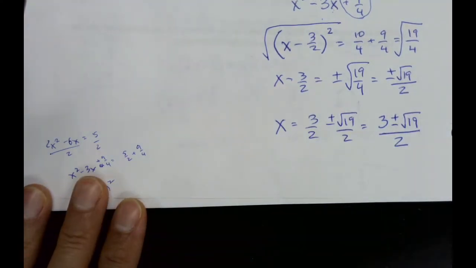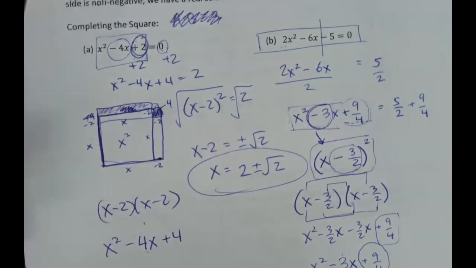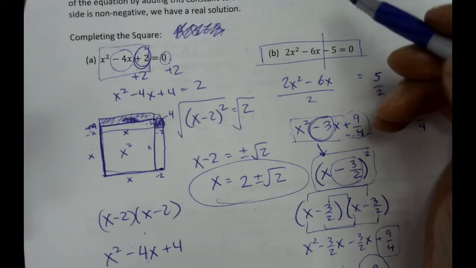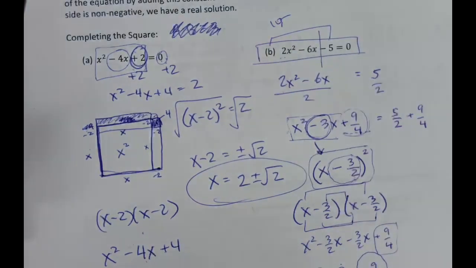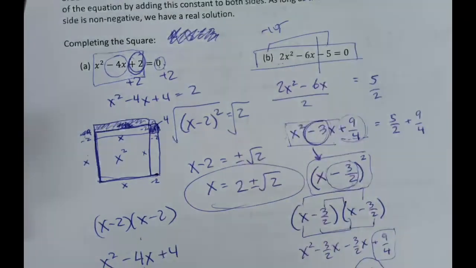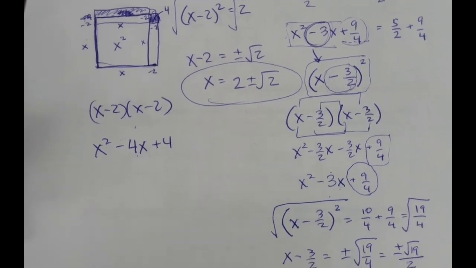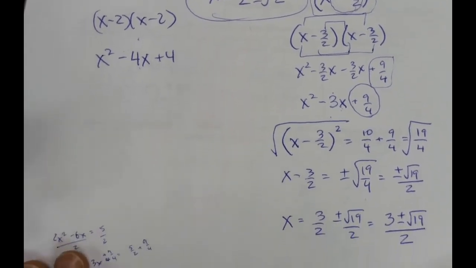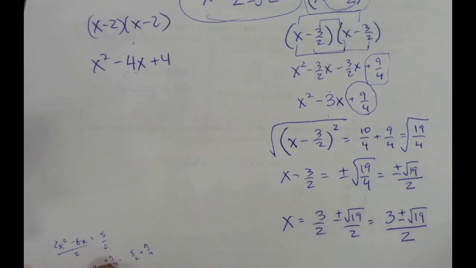And there is my solution for a quadratic that was unfactorable. No two factors of 10 give me negative 6. It doesn't immediately look like a square, but I can cause it to become one by adding 9 over 4.